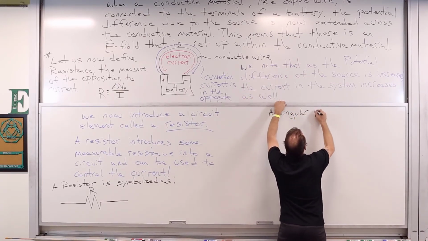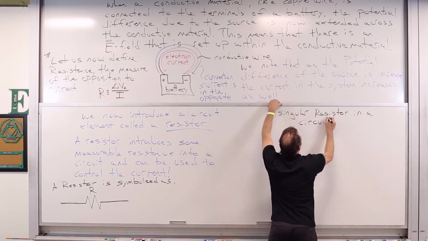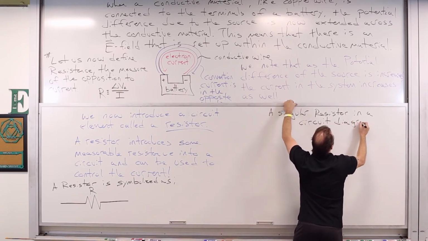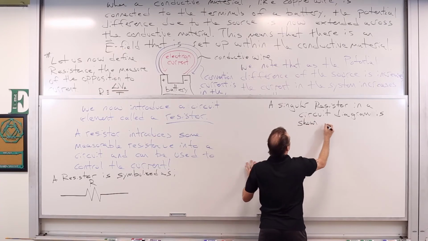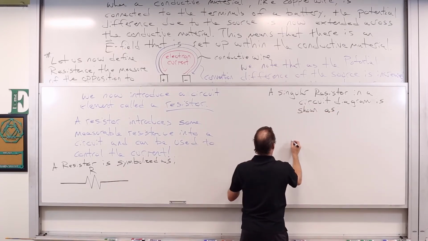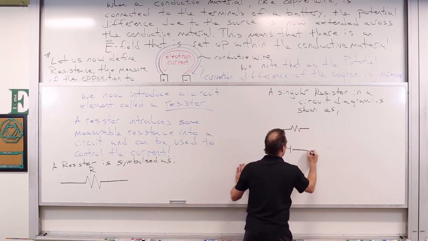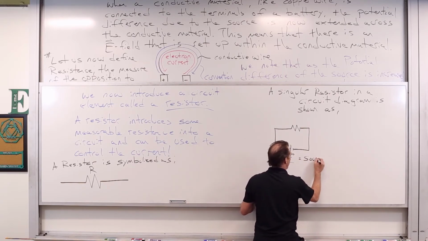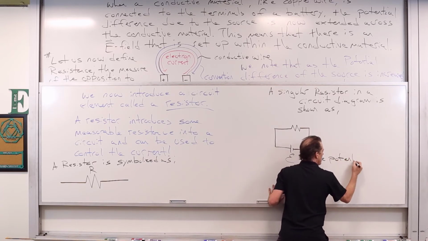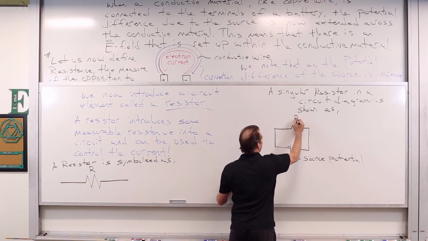A singular resistor circuit diagram is shown as, well, we've got our source potential, the plus side, the minus side, and then we've got our resistor.